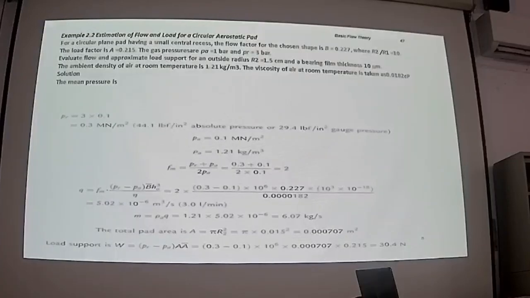So in reality, for the supply pressure, the supply pressure for the air bearing is usually less than 6 bar. Commercially, usually the maximum supply pressure for air bearing is 5.5 bar. Most of the cases you will see it's less than 5 bar.